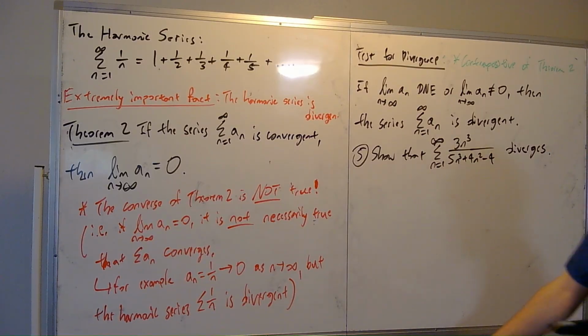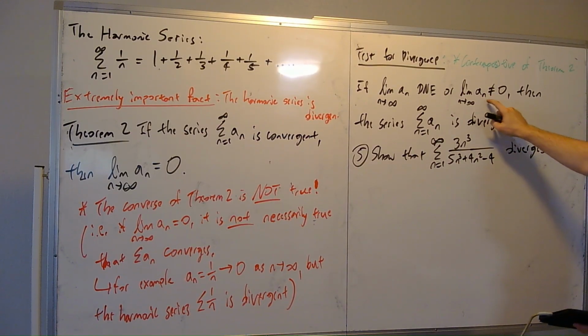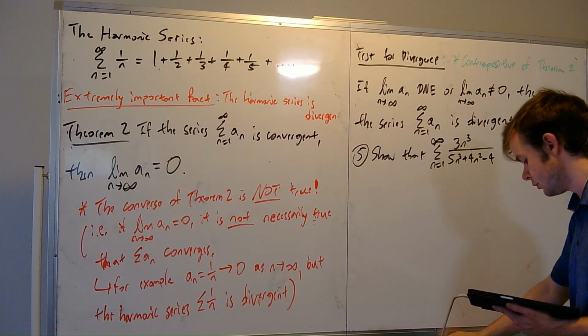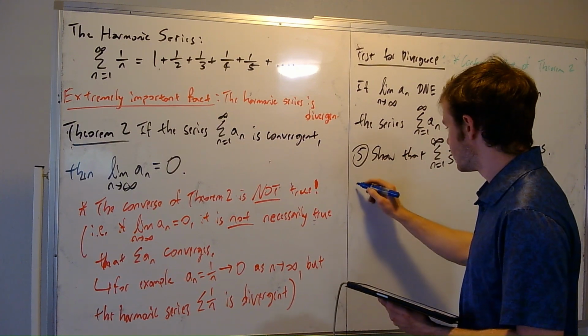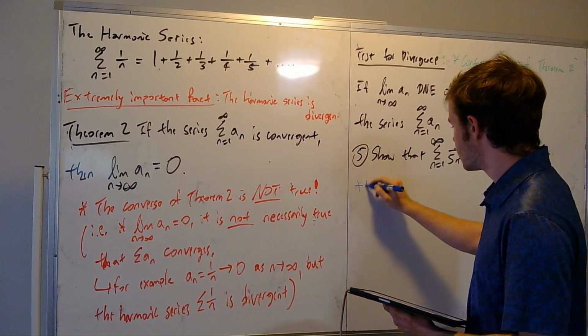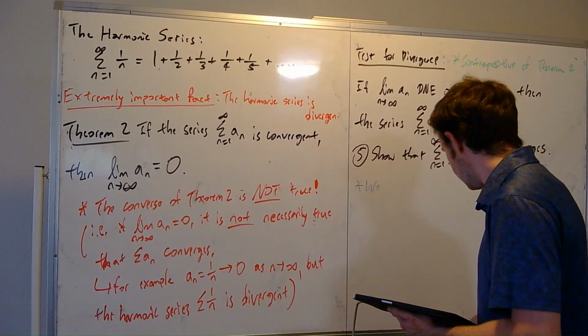Right, so if we're trying to prove that something's divergent, we want to use the divergence test. So we want to prove, we need, let's use a different color.